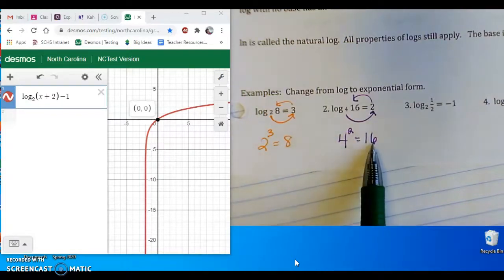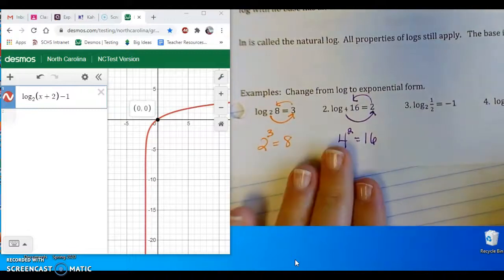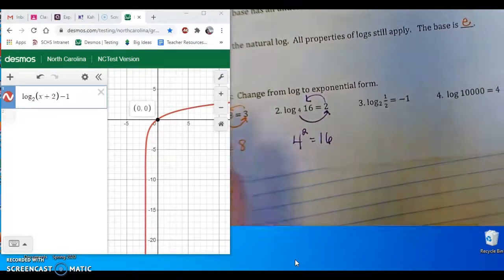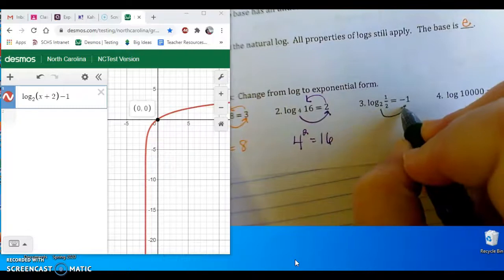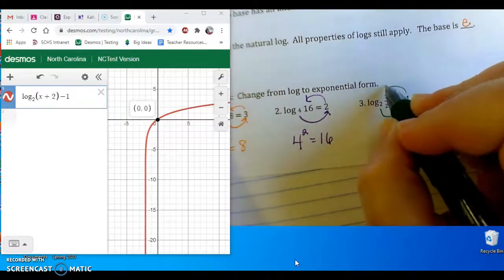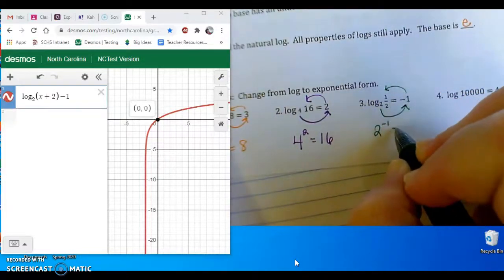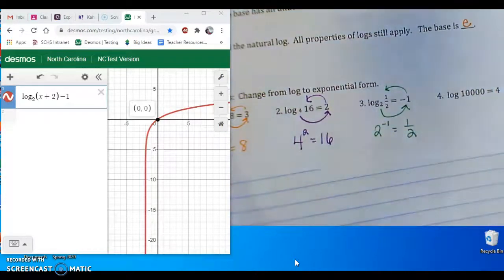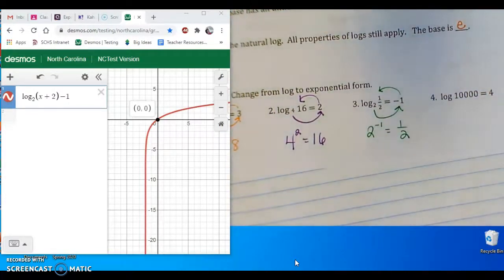They might have an a there and a c there or wherever. That's okay. All right, the next one. 2 to the negative 1 equals a half. We're going to be talking a little bit about exponents. Whenever you have negative exponents, you do get a fraction for your answer, and we'll talk about that also.